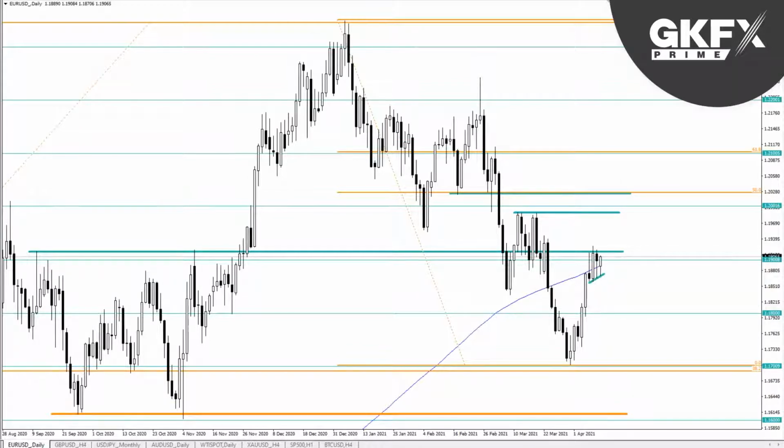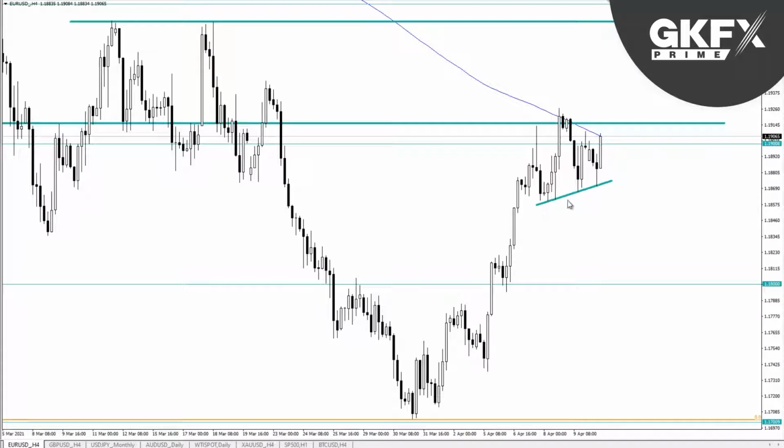If we break lower, I've just drawn a little rising trend line through here. If we break down through that rising trend line, it's a way to manage your risk if you are looking for moves to the topside, and you can imagine we would get a little drop down to 118, and potentially even a test of the lows down at 117 again.